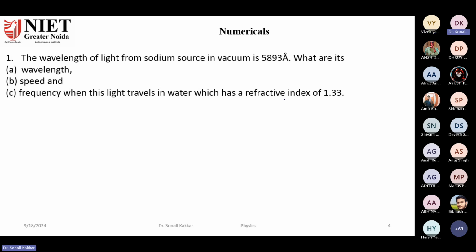Okay, so we'll solve it here. Lambda in vacuum is given. So lambda naught is equal to 5893 angstrom. We have to calculate the speed in the medium, lambda in the medium, and frequency in the medium.